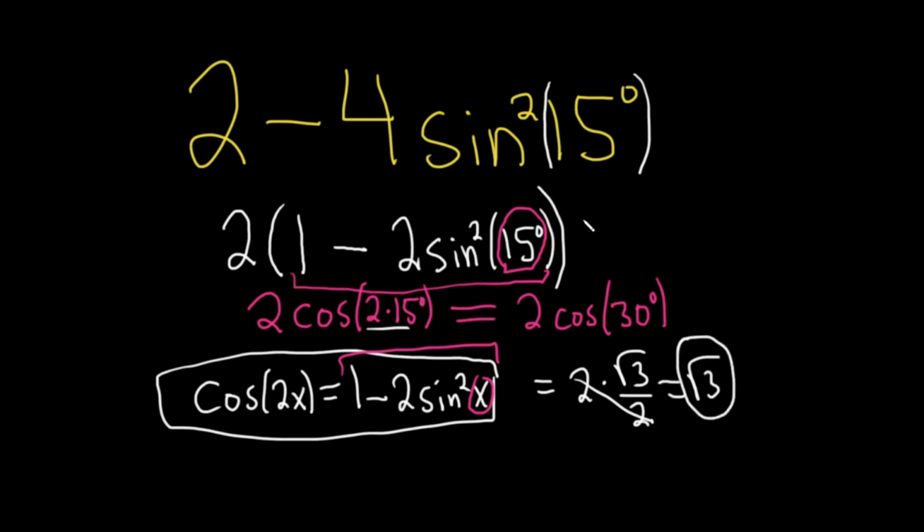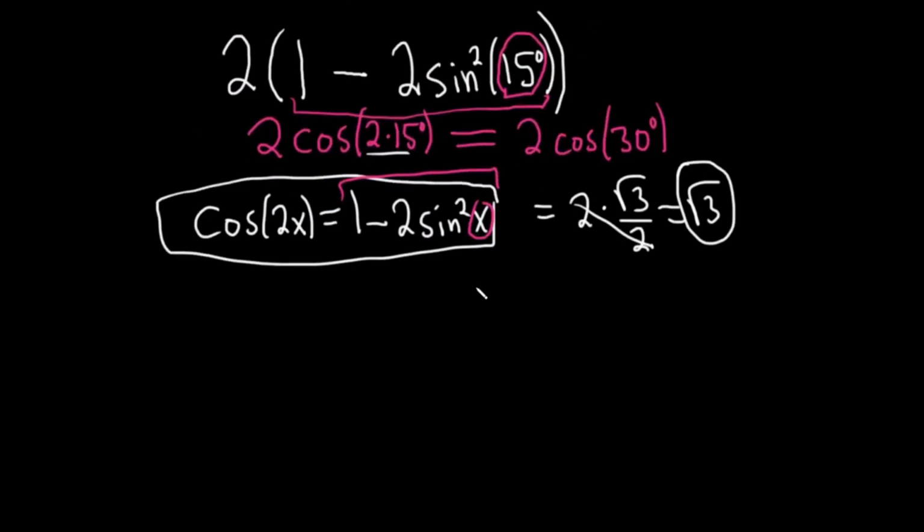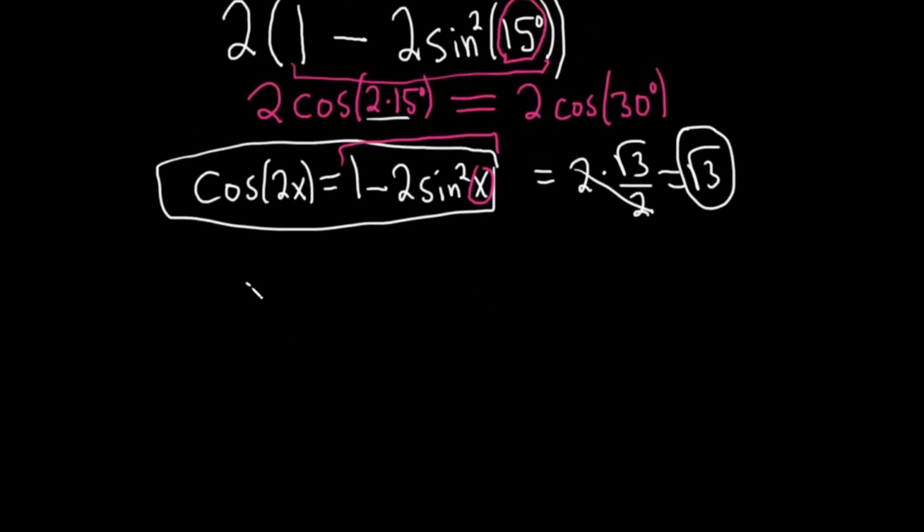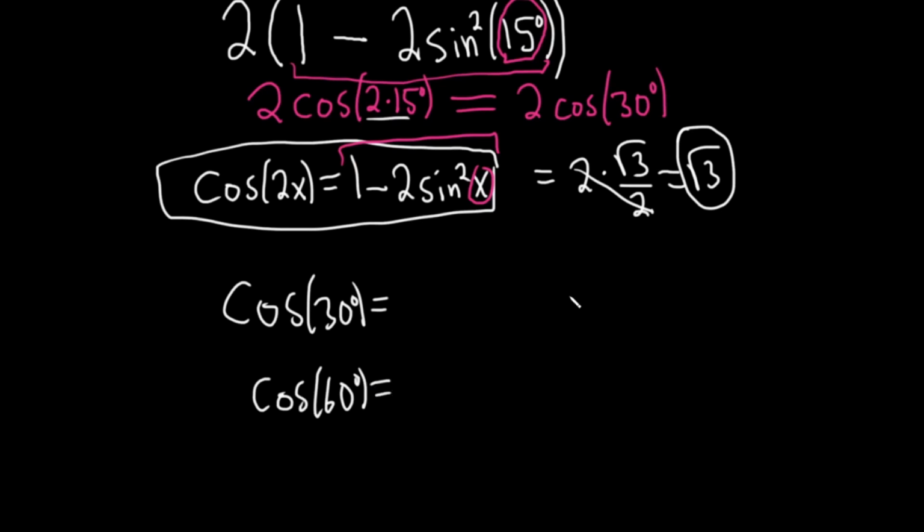For many people, one of the hardest parts is figuring out what the cosine of 30 degrees actually is. Let's talk about that briefly, because I think it'll be instructive. Obviously, if you can use a calculator, you're okay, although it's going to give you a decimal.